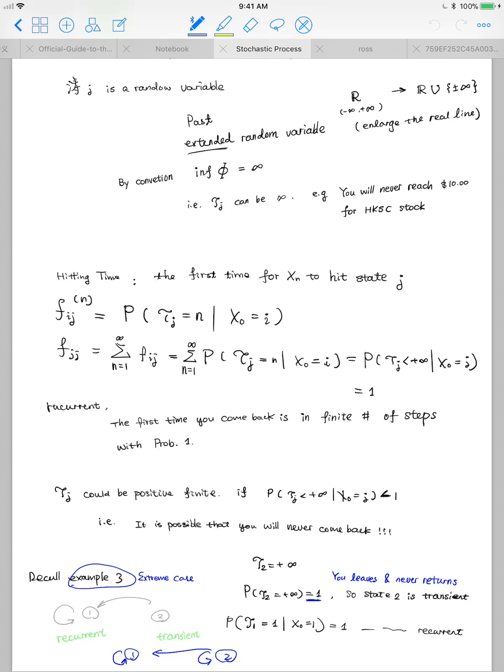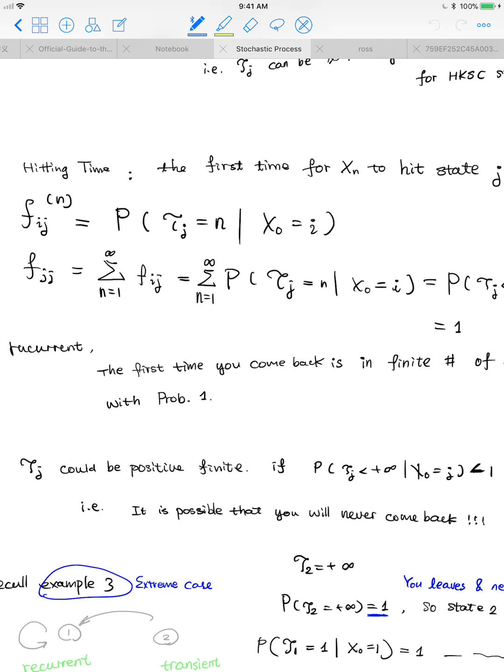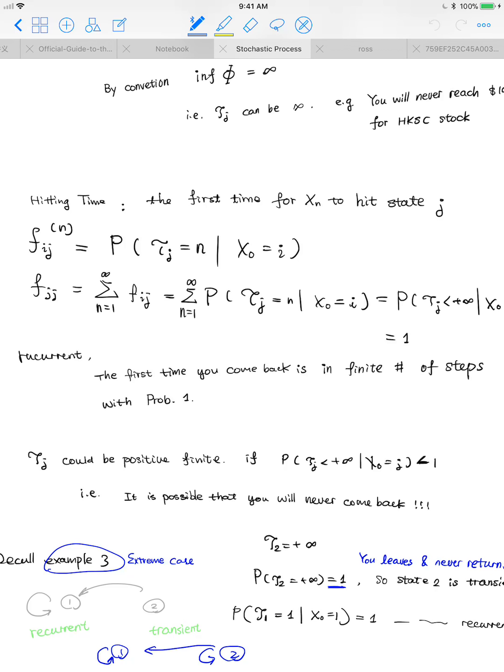So what is the probability that the first time you hit state j is n? And fjj is simply the sum over all the possible hitting times of Xn to hit state j.